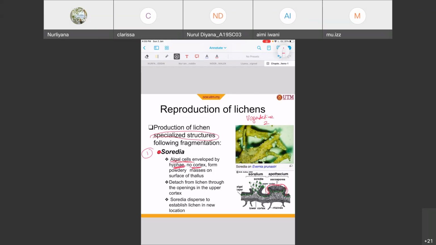When they detach, they can release these algal cells through this opening.